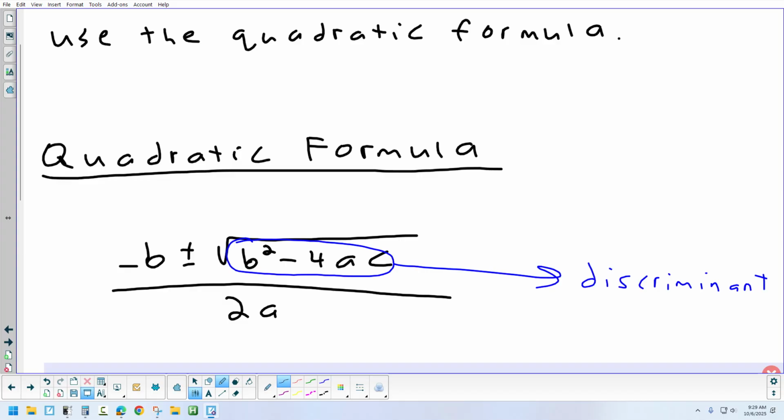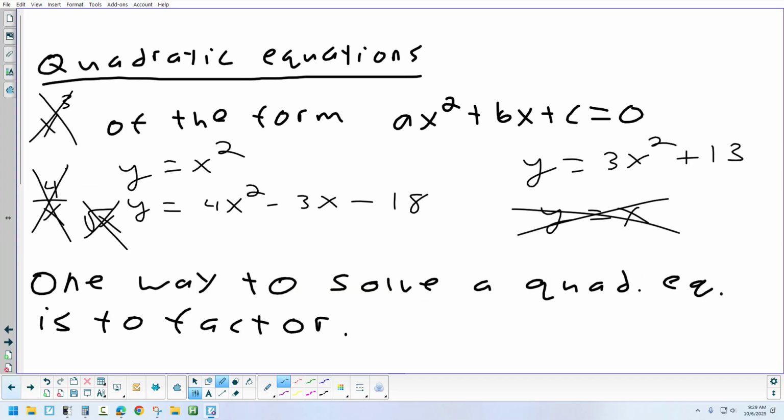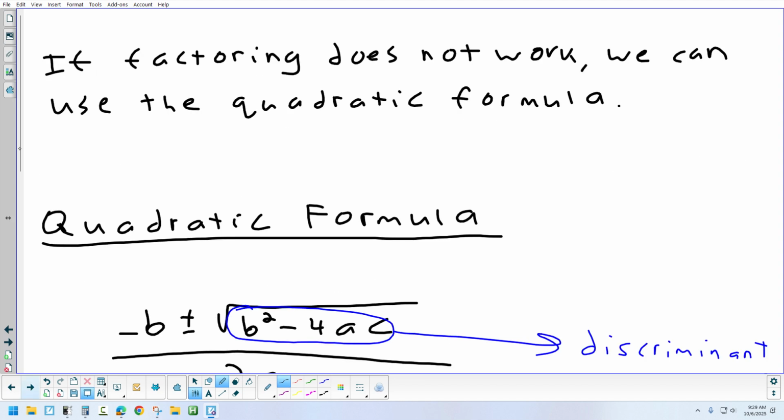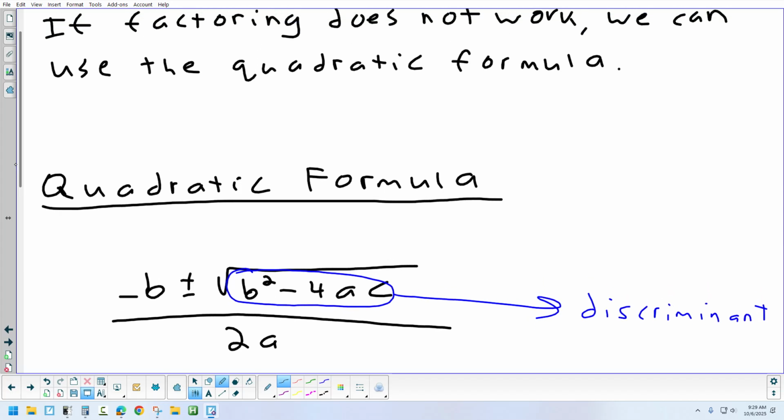And the a, the b, and the c come from here, here, and there. A is the number in front of x squared. B is always the number in front of x. And c is the constant by itself without any letters, but you have to make it equal to 0. If it's not equal to 0, you do that first.